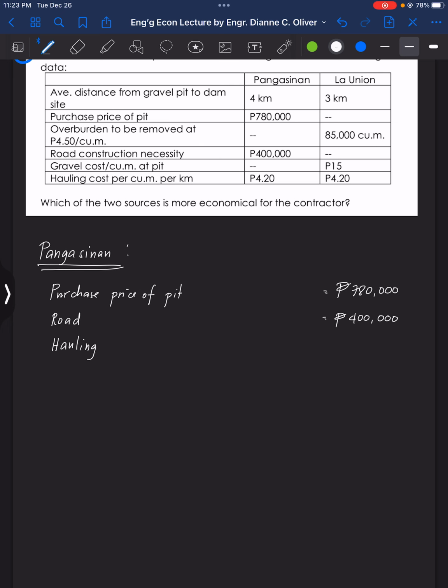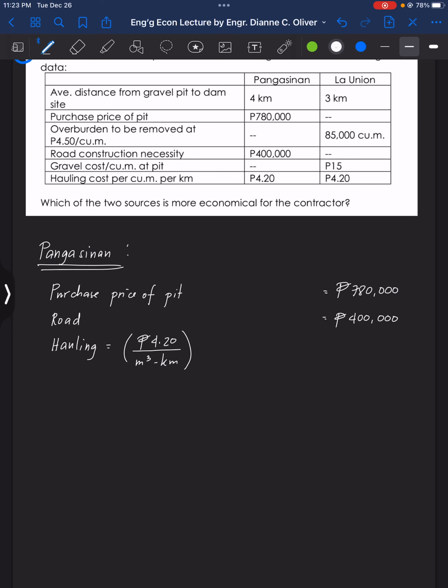so for hauling, it says there that is 4.20 pesos per cubic meter per kilometer.